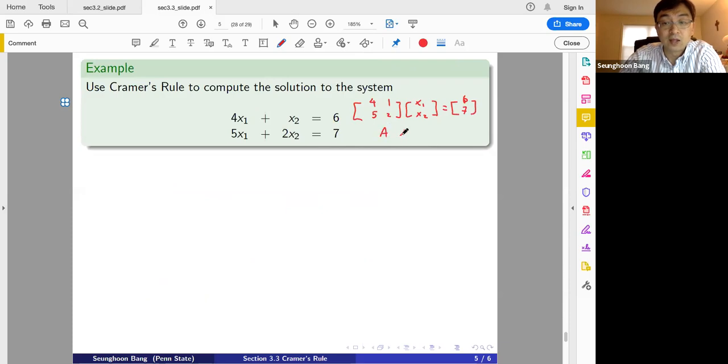So A is 4, 1, 5, 2. Calculate A1(B): only replace the first column by vector B. The first column is exactly vector B, 6, 7, and you keep the second column, 1, 2. Now what is A2(B)?